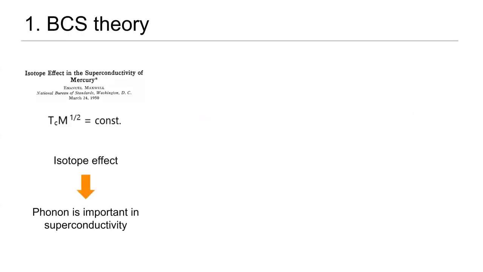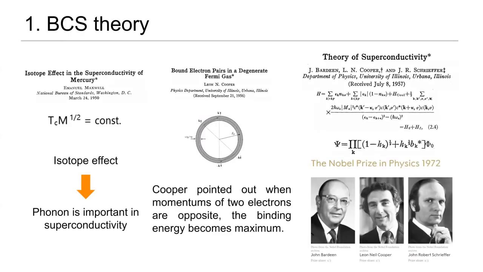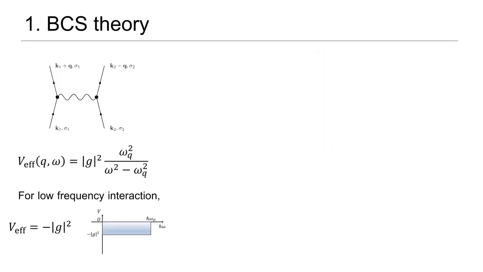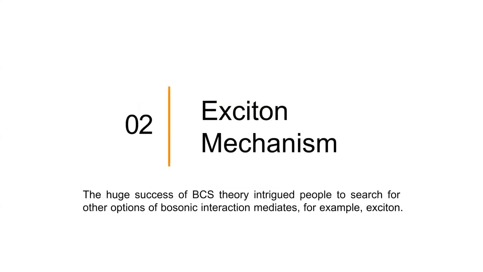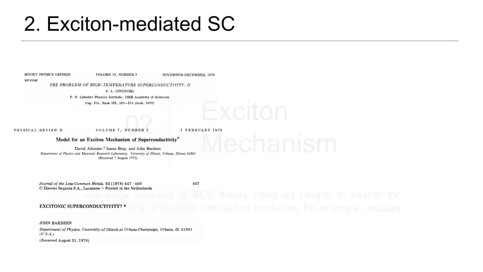We stopped, probably, on the excitonic mechanism. It was here. Yes, and probably the next slide. So the early research on the exciton mechanism can be traced back to the 1970s.